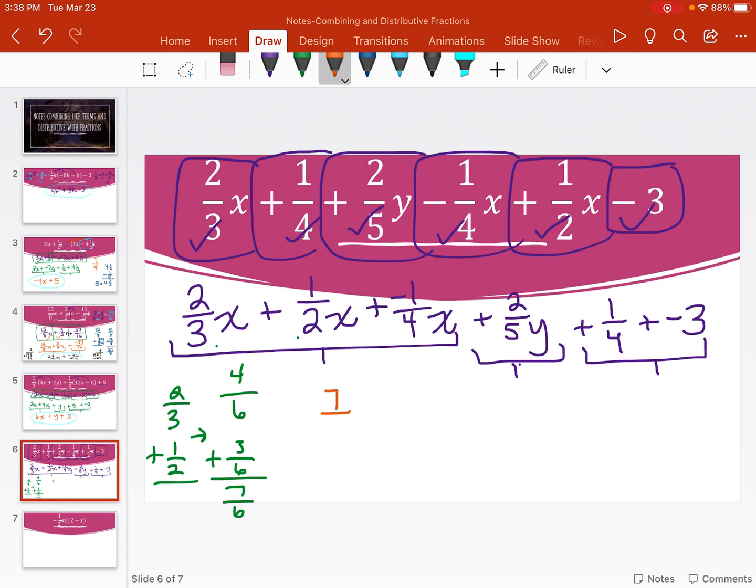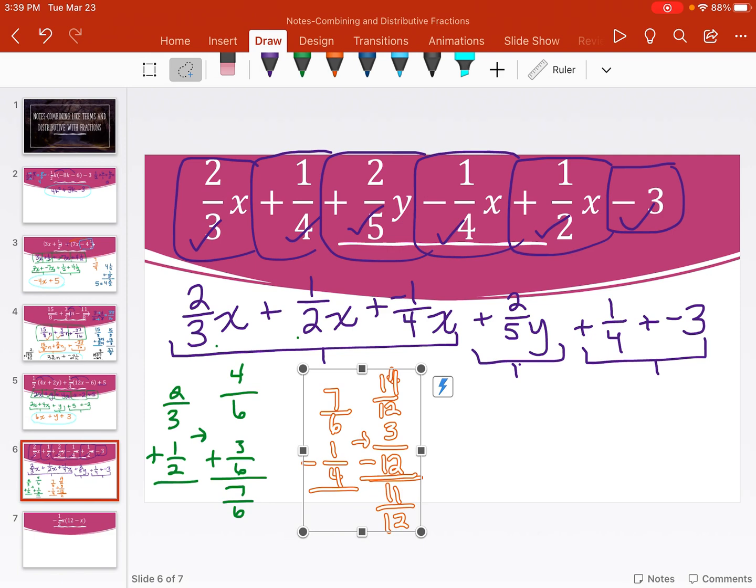So now I've got 7/6 plus negative 1/4, different sign subtract, so minus 1/4. Again, common denominators, I'm going to make these both 12ths. So I have 14/12 minus 3/12. 14 minus 3 is 11 twelfths. So we get a positive 11 twelfths for that.